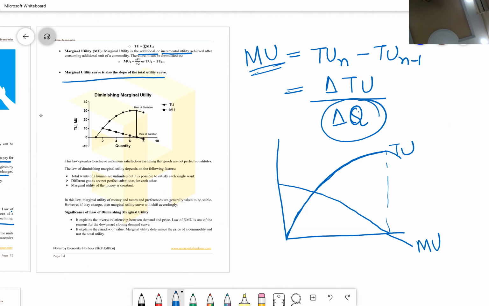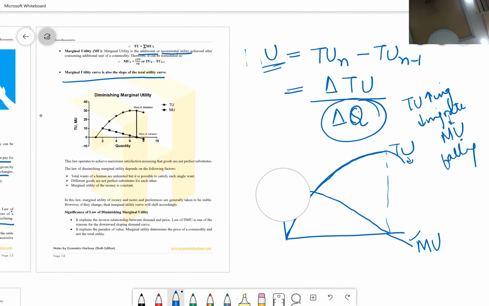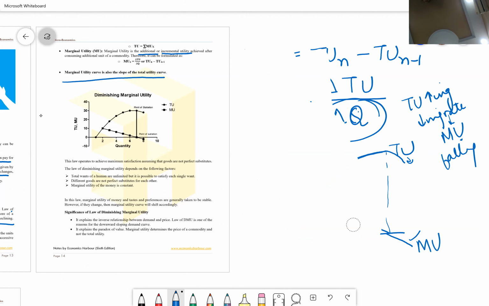When the TU starts falling, marginal utility becomes negative. So please note the changes, that when TU is increasing at a decreasing rate, marginal utility is falling. There are a few contradictions in this diagram basically, if we learn the basics of it.